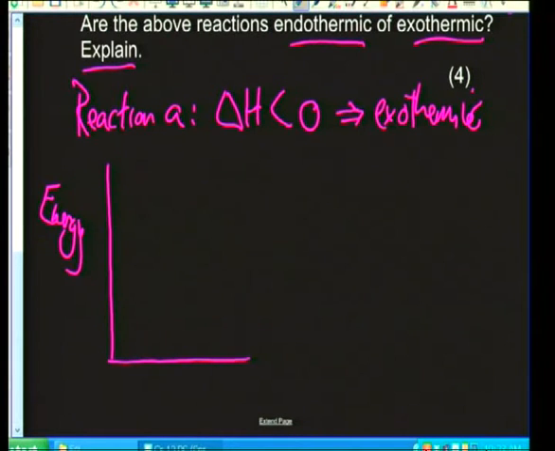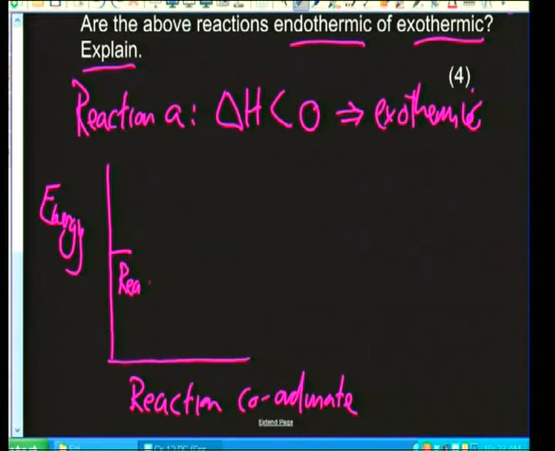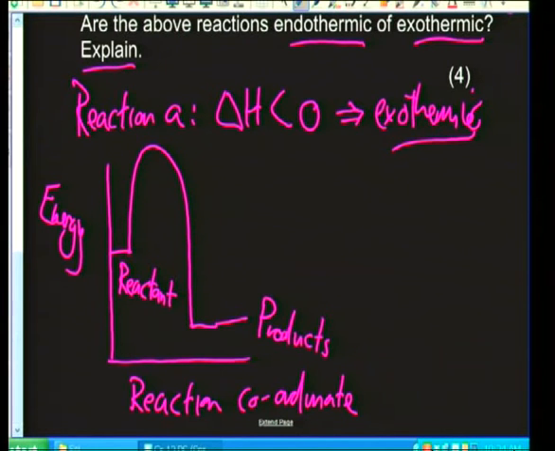And this is going to be the reaction coordinate. And what we have over here is the energy of the reactants. And over here, for this reaction, because it's exothermic, we're going to put the products over there. And we complete the profile by drawing in the loop over here.